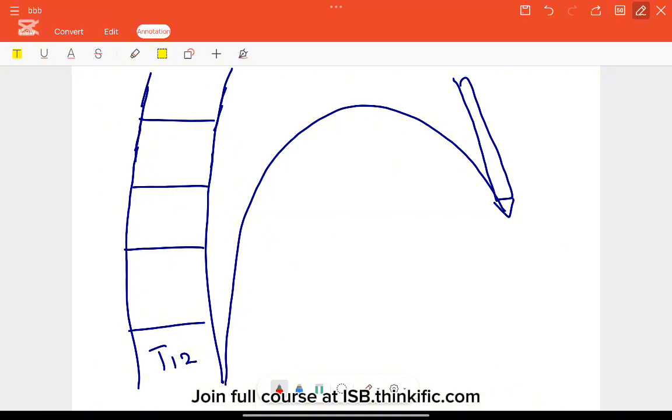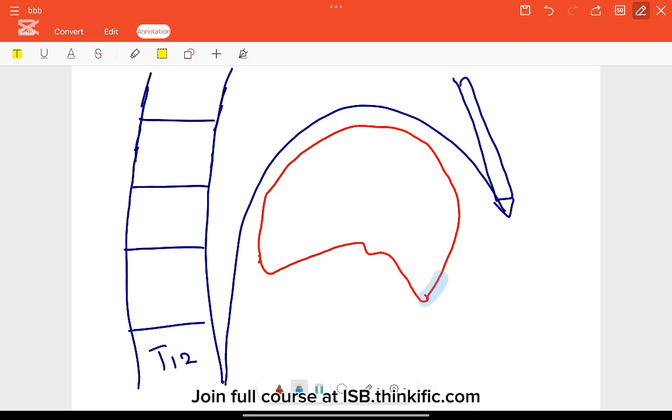I will be drawing it out of proportion, inferior, so that you can see it better. So it has a surface which is oriented in the anterior, superior, and posterior planes. And then it has another surface which is oriented in the inferior plane.